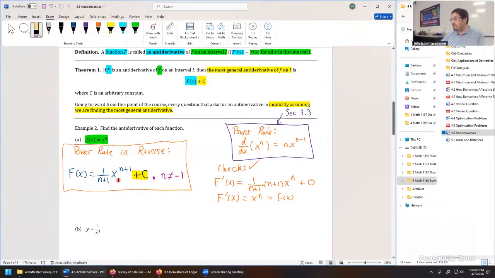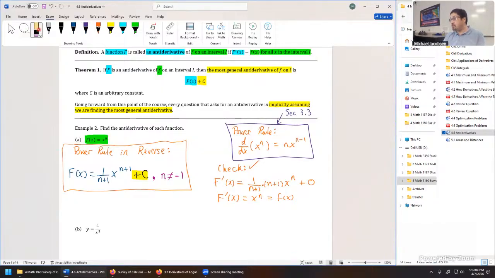So when we went to differentiate this, what happened was n+1 copied down. The old exponent, n+1, moved down, and it ended up here. Then the new exponent is 1 less. We're just using the power rule. We have a cancellation going this way. And we get the original function, x power n, the one that was right here.